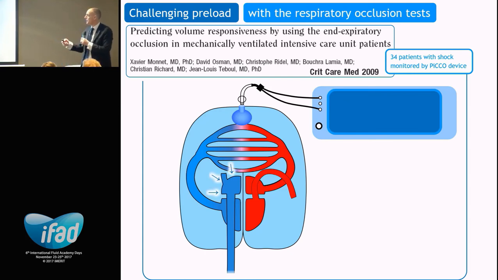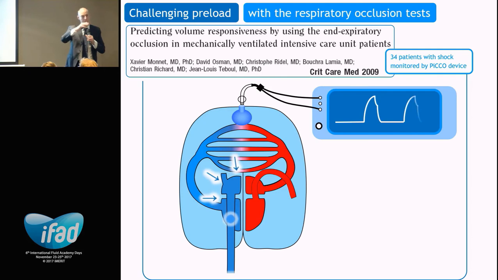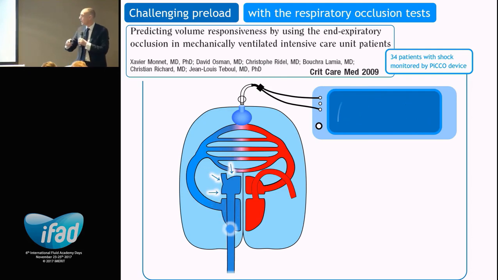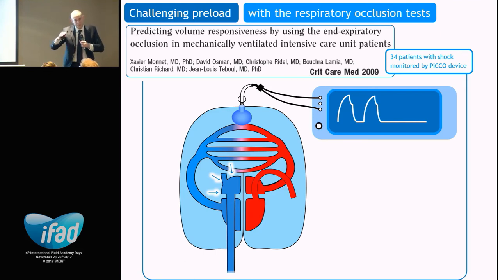As we've seen, during tidal ventilation, the venous return tends to decrease at each insufflation. So, if we stop mechanical ventilation at end expiration, we stop the cyclic impediment in venous return, you agree?